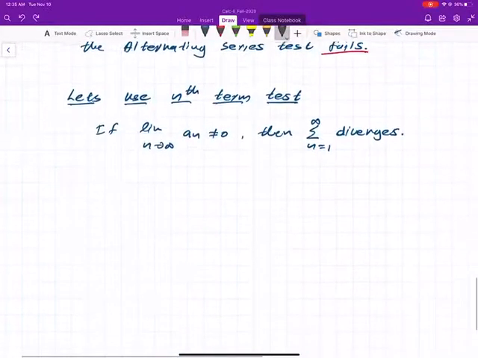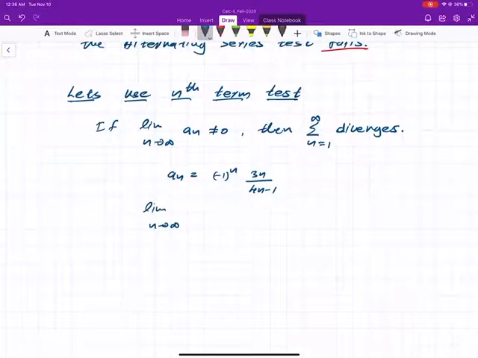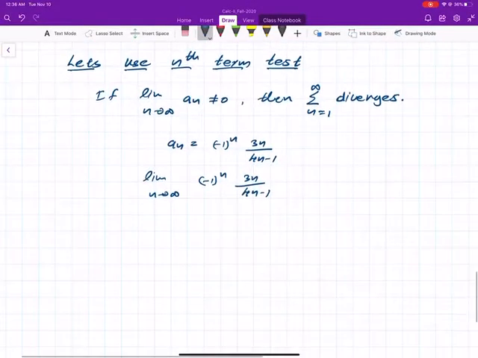Our an should be minus 1 to the power n times 3n over 4n minus 1. Now just consider the limit of that 3n over 4n minus 1.